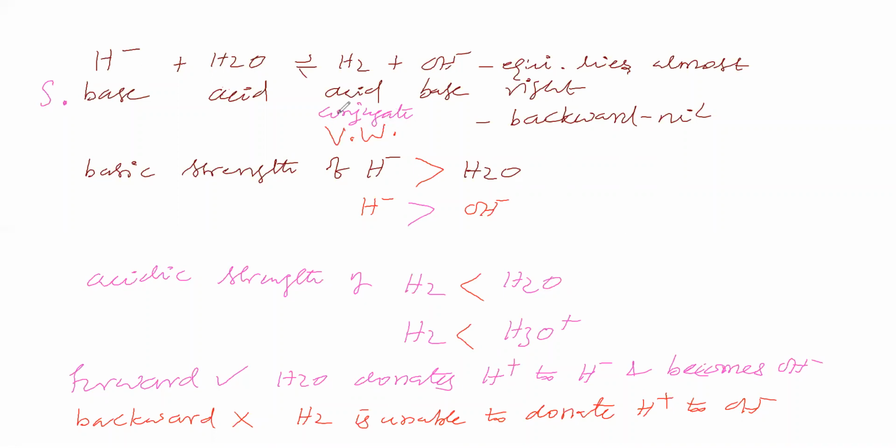So understand it: strong base has a very weak conjugate acid. Strong base has very weak conjugate acid. So the conjugate of a strong base is a very weak acid. Now we have discussed 2 points.